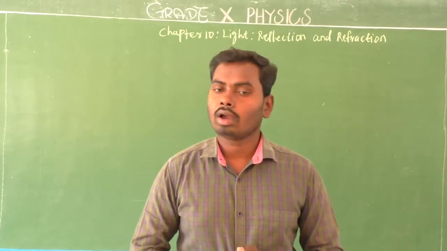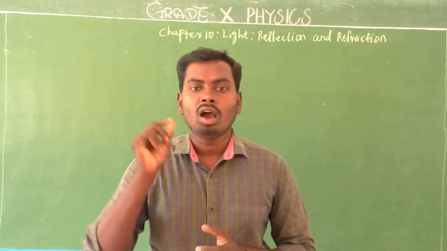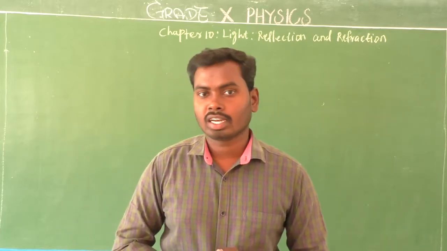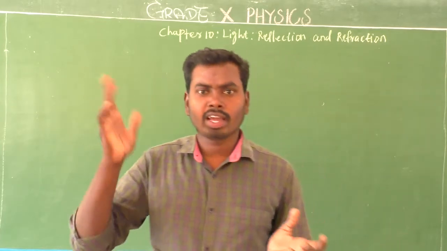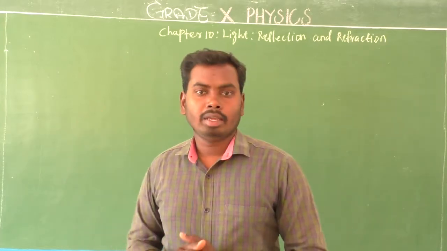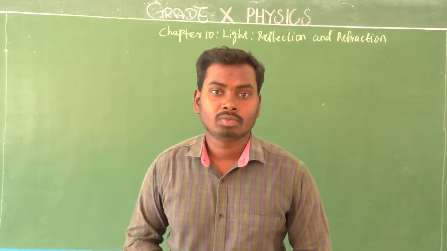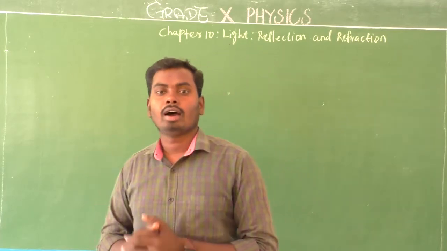Is it clear? Very easy one. Then what is the nature of that image? The nature of the image will be real and inverted. Practically we cannot see that, but we can assume that. Then what is the size of the image? That is highly enlarged.